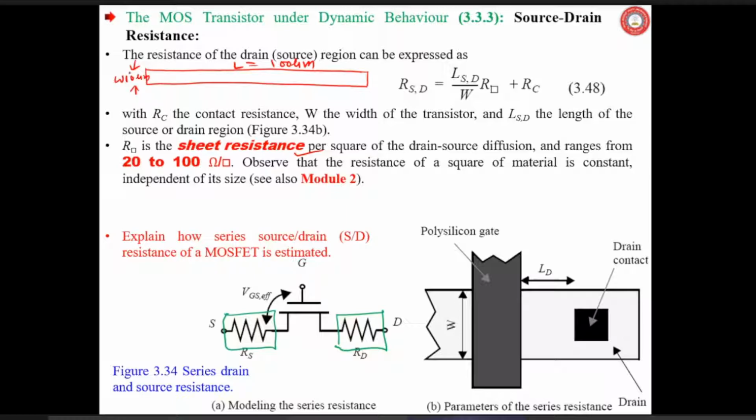How many squares can we make out of it? Obviously, you just divide: you will get 10. So per square, the value of resistance is denoted by R square. Understood? It is per square resistance. This is not a superconductor or very good conductor; it is whatever, maybe aluminium.